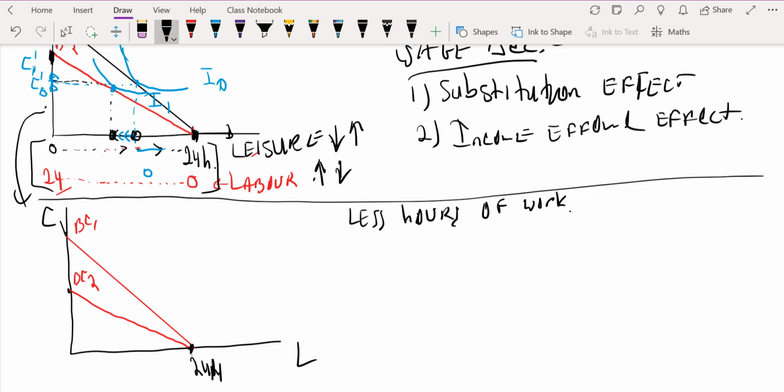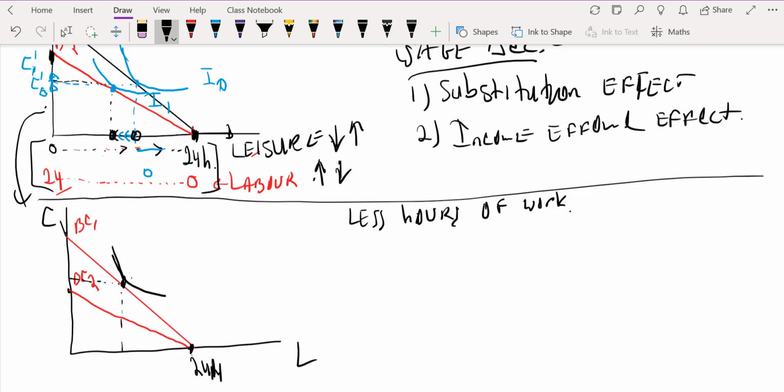So that's natural as well. Let's say we were originally operating right here. I'm moving the points to this point. I could have started at the lower point like in that case, but just so that I have more space here. So this is our original budget constraint and optimal point here.